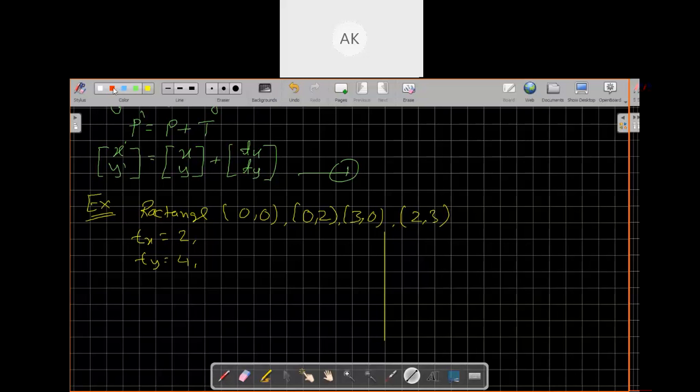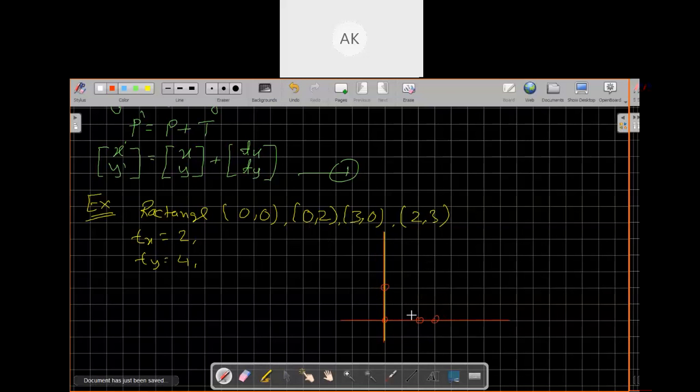This is your given rectangle. Let's translate this rectangle with translation parameters tx equals 2 and ty equals 4. So this is our given rectangle, and we need to translate it with tx equals 2 and ty equals 4.